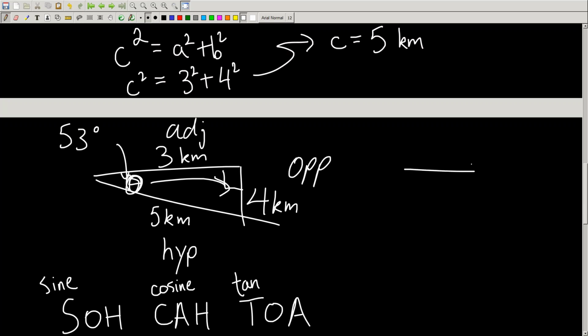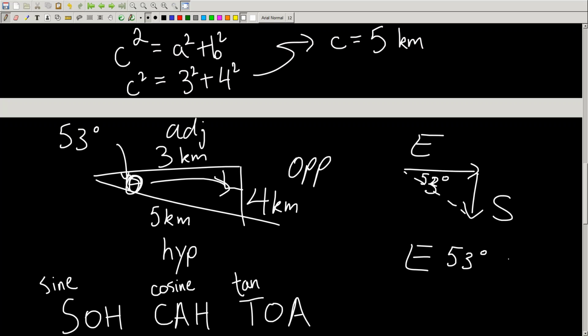Now let's say this is east, and let's say this is south. What I've really done is I've moved east and then 53 degrees south. So this is my direction, guys. I've moved east first, then I've moved 53 degrees south. That is the direction in which I've moved, and the amount that I've moved in total is 5 kilometers.